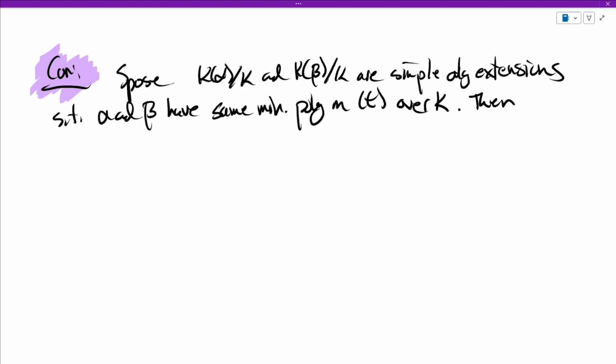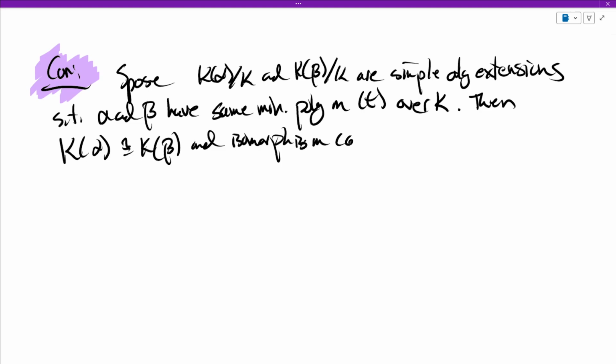Then k adjoin alpha is isomorphic to k adjoin beta, and the isomorphism can be chosen to be the identity on k.